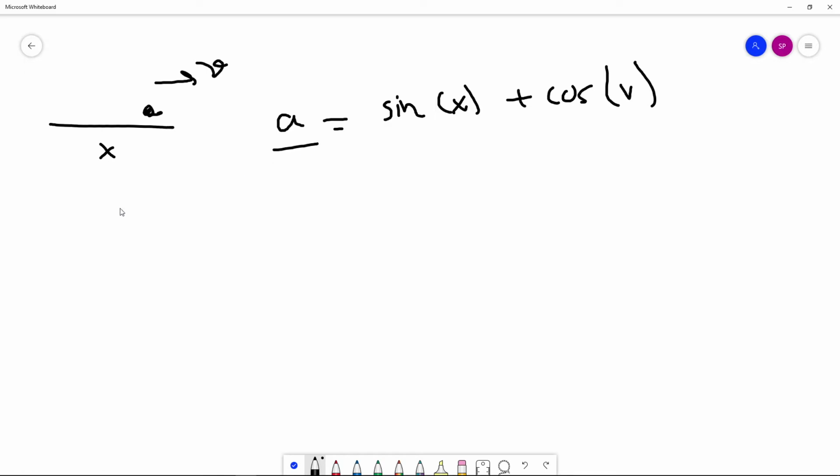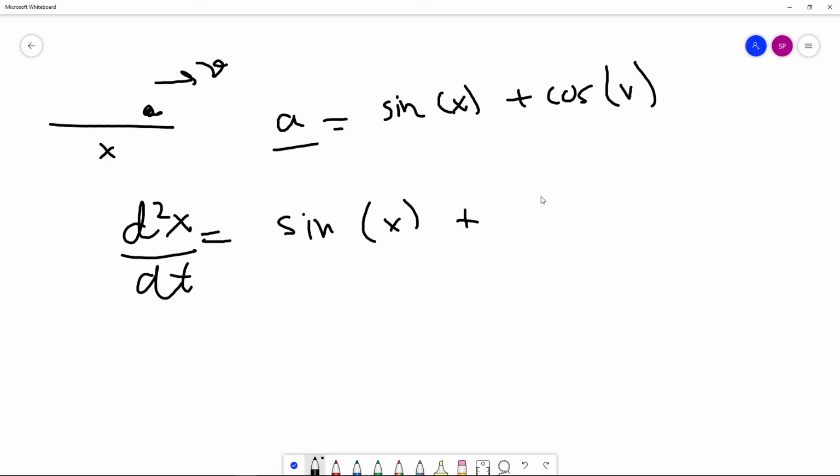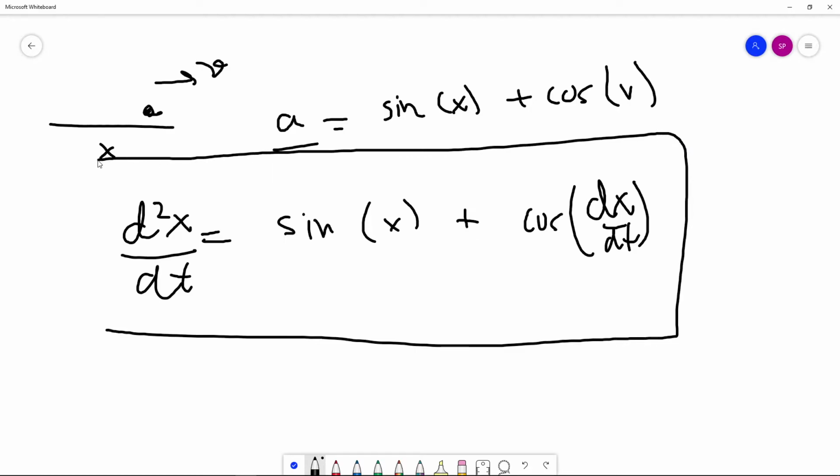So basically I'm solving this differential equation, that the second time derivative of position is a function of sine of the position plus cosine of the velocity, which is the first derivative of position with respect to time. I don't know if there is a method analytically to solve this equation because I'm in first year right now, but I do know that I can solve this numerically by my program right here.